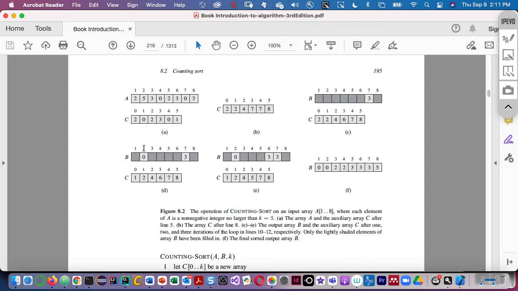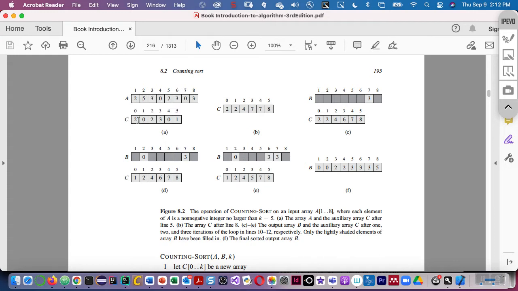So in order to count this, we need another array, a subsidiary array called C. Whatever name you give, C or count, that doesn't matter.